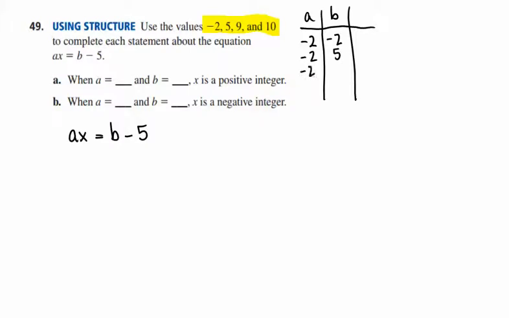A could be -2 and b could be 9, or a could be -2, b could be 10. As you see, we can go on and on. A could be 5, b could be -2, a could be 5, b could be 5, a could be 5, b could be 9, a could be 5, b could be 10, etc., etc.